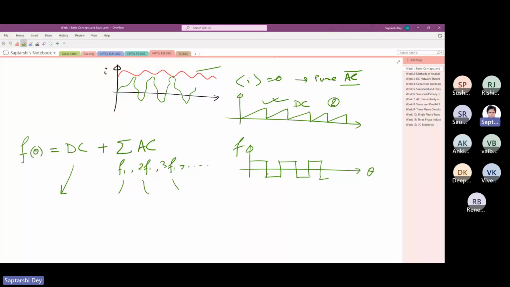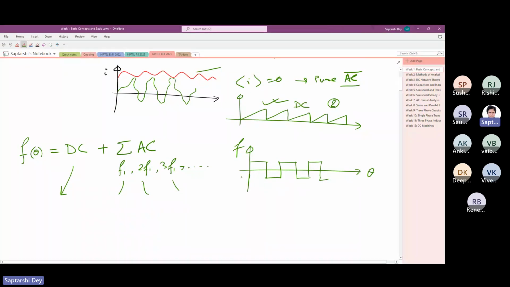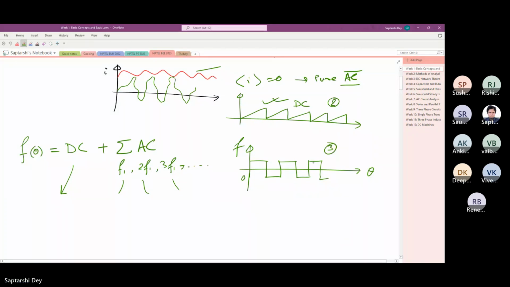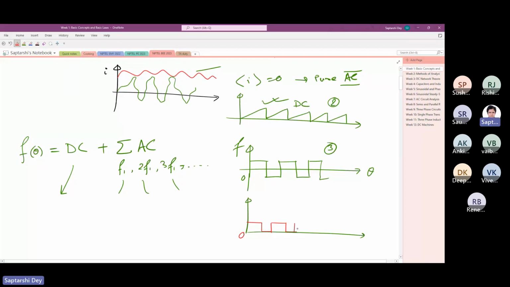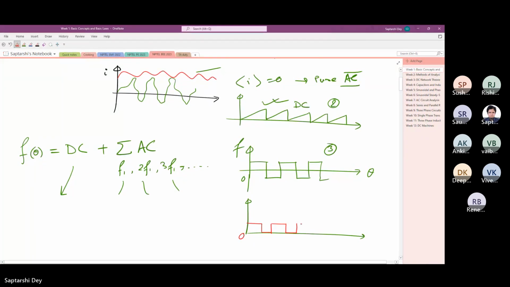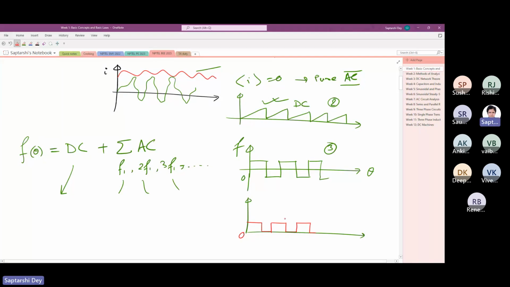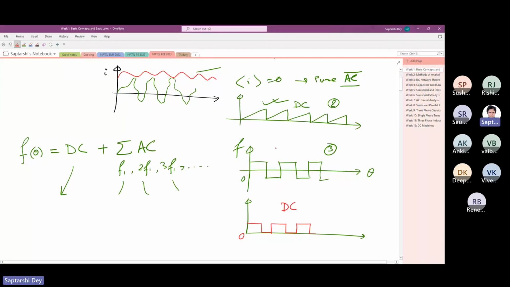The square wave that I have drawn here, waveform 3, is not DC, this is AC. But if the square wave looks like this, then it is DC. This is DC. This is AC.